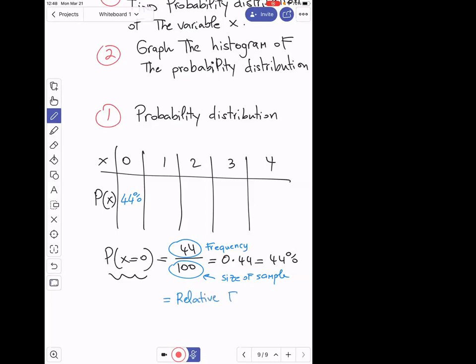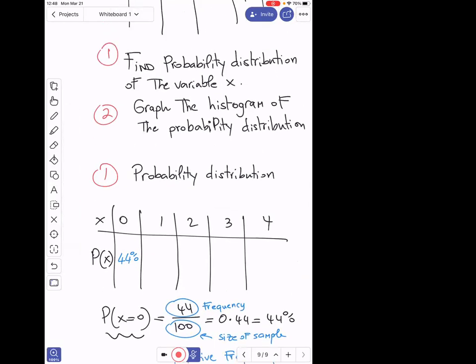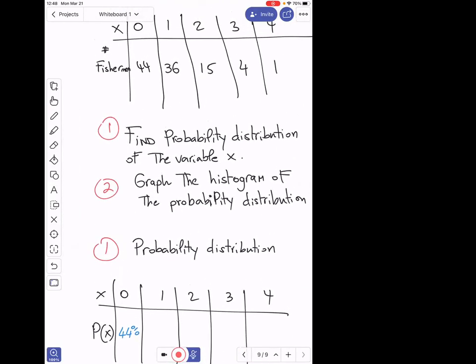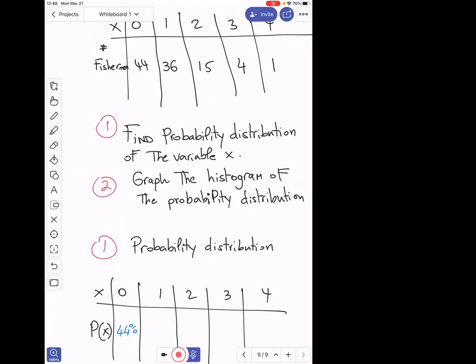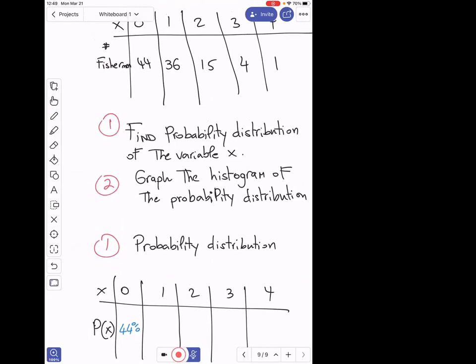Just a relative frequency. So this probability is just the relative frequency, right? And this is for X equal to 0. We do the same thing for X equal to 1. So we have 36 fishermen who got just 1 fish.